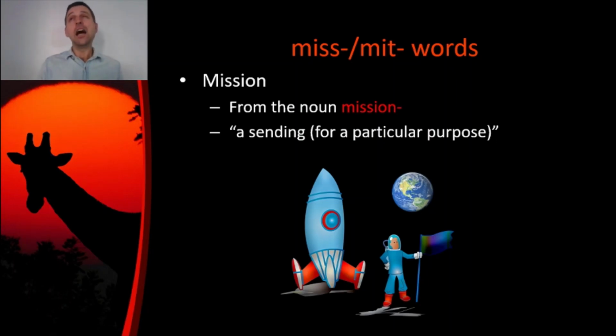Now, today, you don't necessarily have to be sent to be on a mission, or maybe you can send yourself. You can say I'm on a mission to do something, which doesn't necessarily mean anybody sent you out, right? It could just mean you decide to go do something and you have a goal and you know what it is. So we have broadened the horizon of this word a little bit, but sending is still fundamental to the idea of what a mission is because it comes from this Latin root.